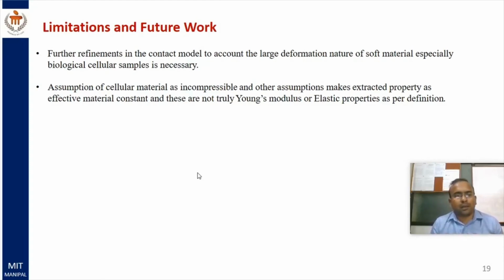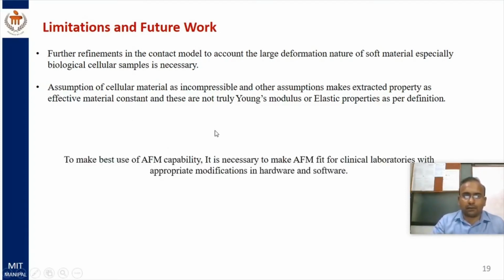Now about the second one, this is about extracted properties. With these assumptions, the extracted properties are effective material constants. They are not truly Young's modulus or the elastic properties as per definition. This is an understanding that is very well known in the research field.